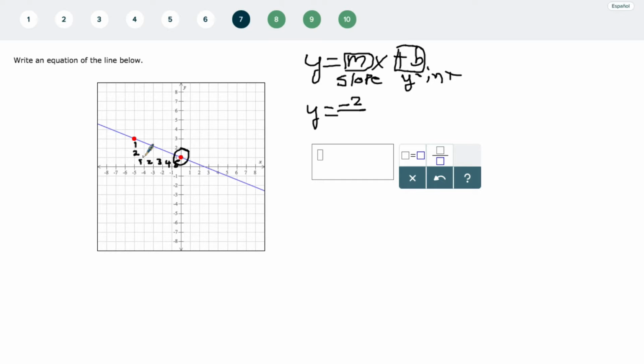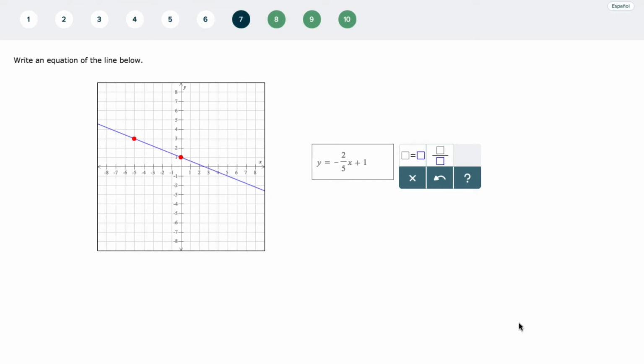I went 1, 2, 3, 4, 5. And then we have an x. And what's my y-intercept? It's positive 1. So I'll put a plus 1. And that's all you need to type in here. So y equals negative 2/5 x plus 1. And that's the equation for that line.